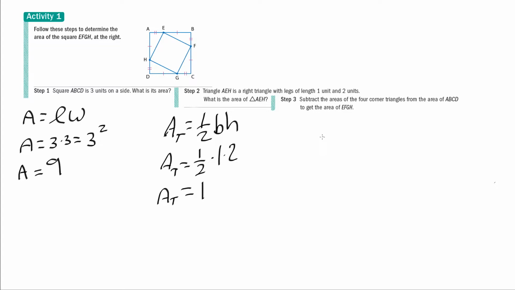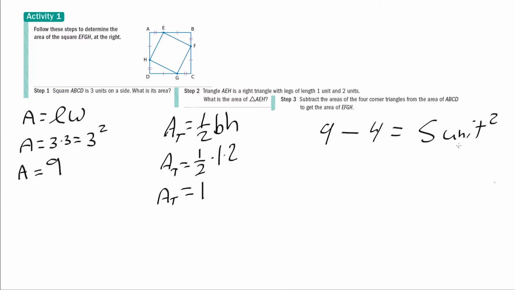By doing that, we'll subtract 4 times 1, the area of all 4 triangles. So I have 9 minus 4 times 1, which is 4, which gives us that the area is 5 units squared.